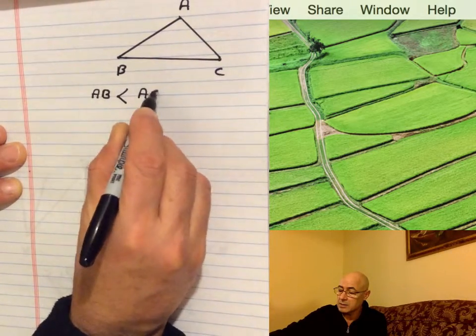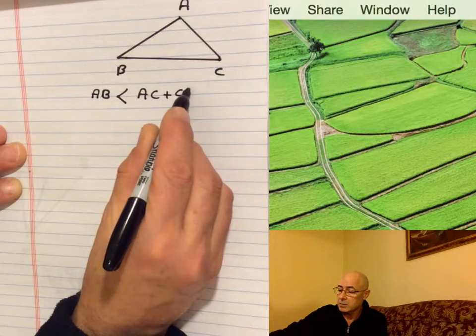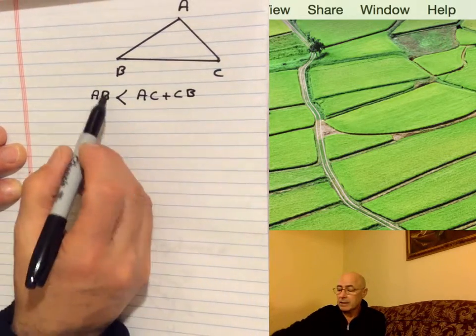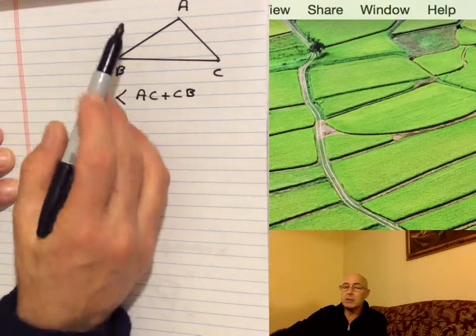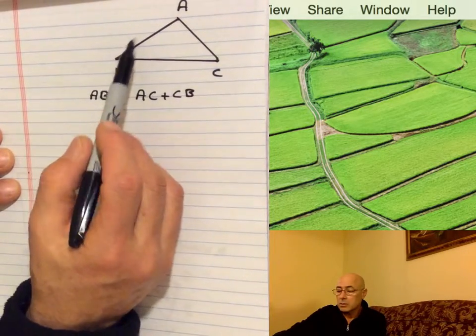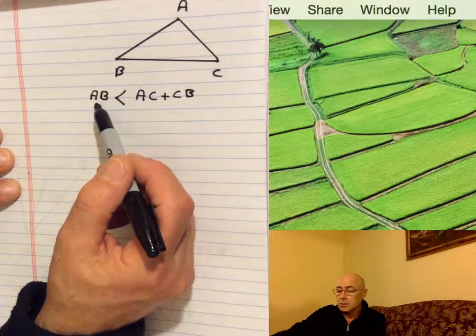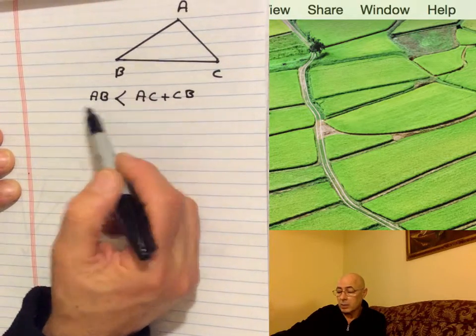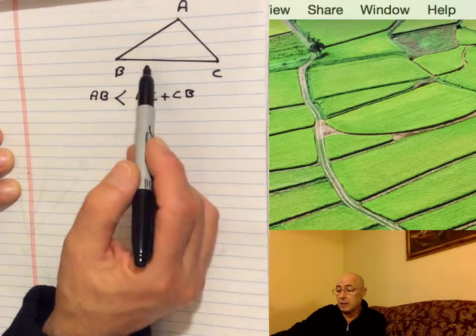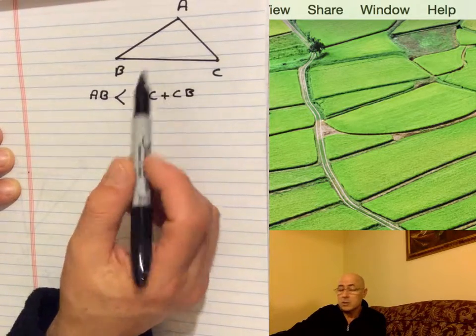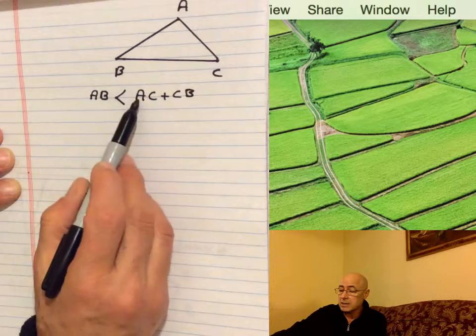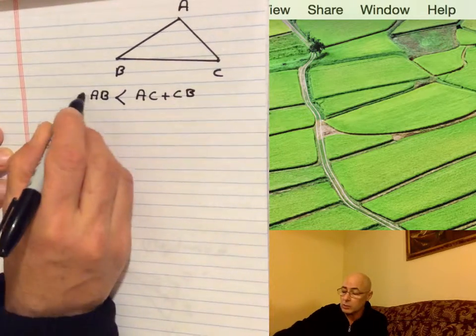But I can't make it too small, because if I make it too small and add it to another side, it may not be greater than the third side.